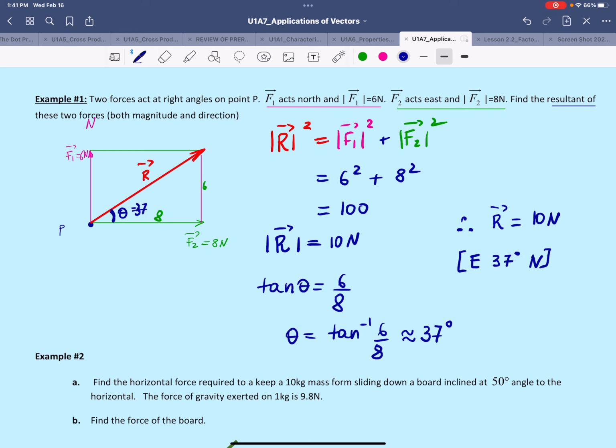Or you can describe the direction of vector R by using this angle here, which would be equal to 53 degrees. So we can say that it is from north 53 degrees going towards east. Or we can simply say that it's a bearing of 53 degrees because you're going clockwise from north.